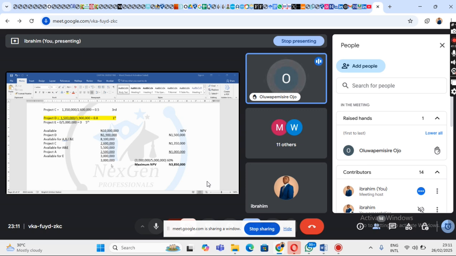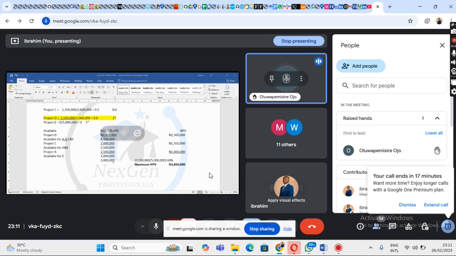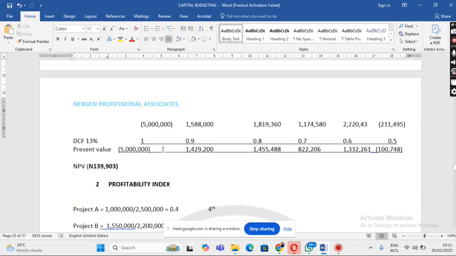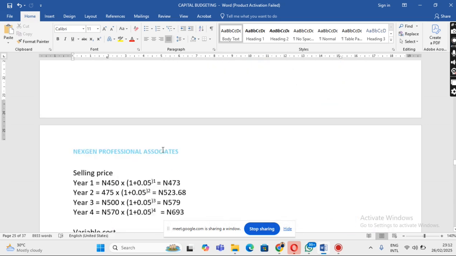So from my question here, if your 5 million is in front of project E, and it is not specifically stated that that is the capital required. Okay, now Oluwapemisire, let's go back.